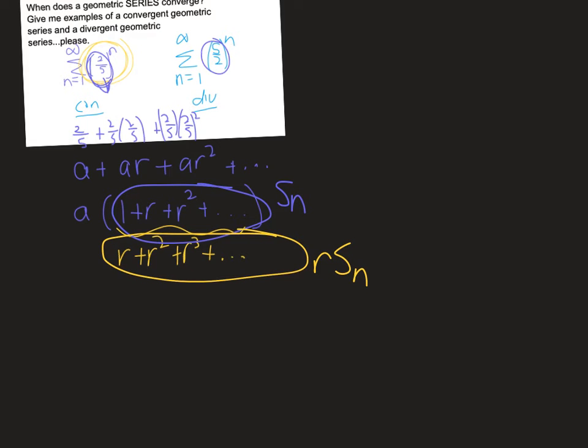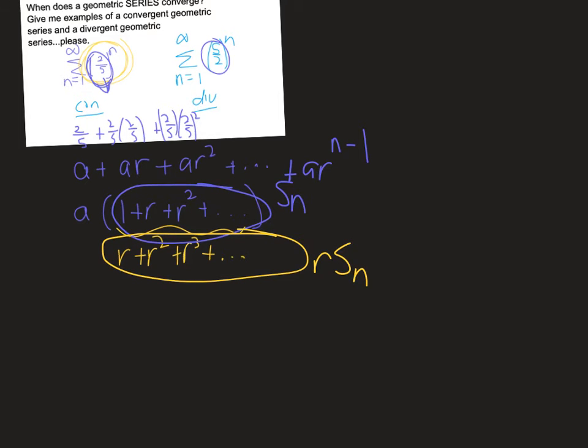And I'm saying Sn because I'm pretending that this goes up to r to the n minus 1, because I'm considering this finite for right now for our arguments, and then we'll look at an infinite one.